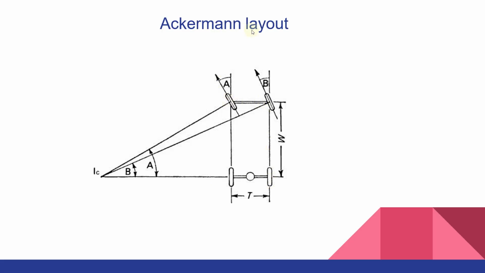So the Ackermann steering system is an example of a 4-bar chain. You can see that the major difference between the swinging beam system and the Ackermann steering mechanism is that the front wheels are aligned at different angles.